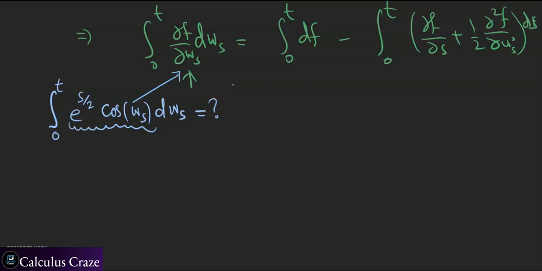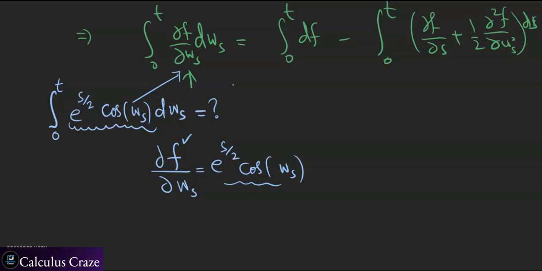Then we will need a function f for which the partial derivative with respect to w in the calculus 1 sense is equal to this quantity, which is e to the s by 2 cos w sub s, right? So I need a function whose first partial derivative with respect to w is this guy over here.